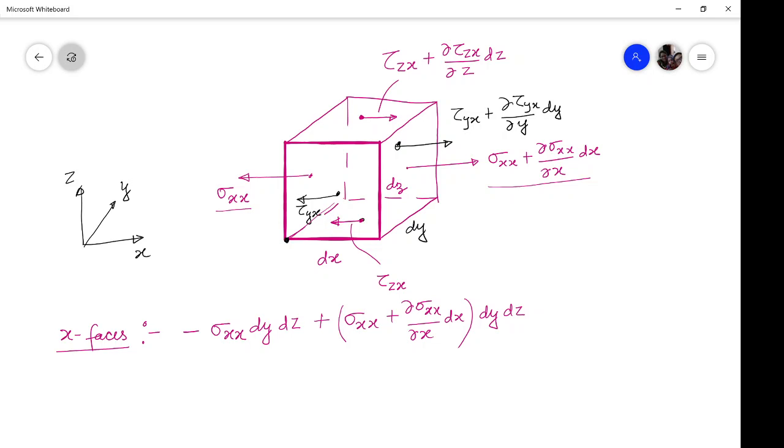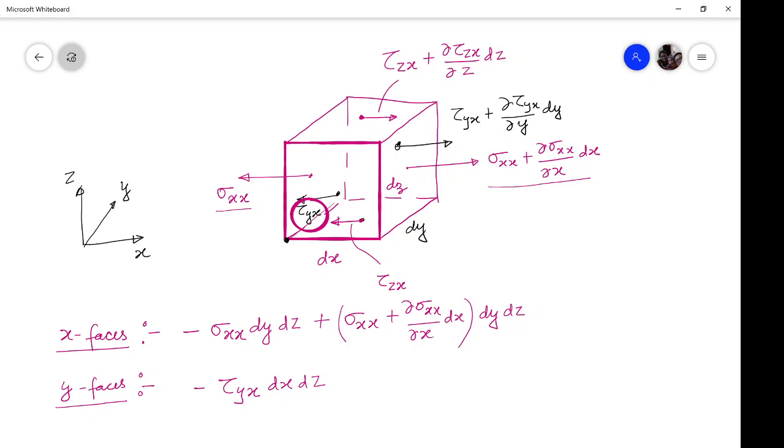So this is the x direction forces on the x face. Now let us write the x direction forces on the y face. The first one is tau yx, and this is in the negative direction. The plane is y, that is dx dz.